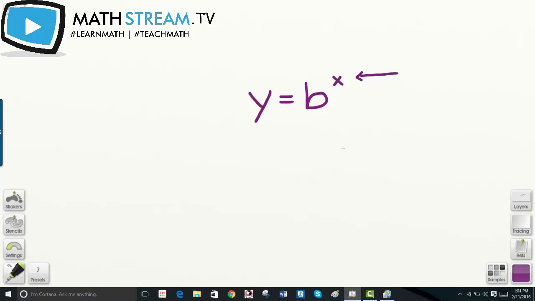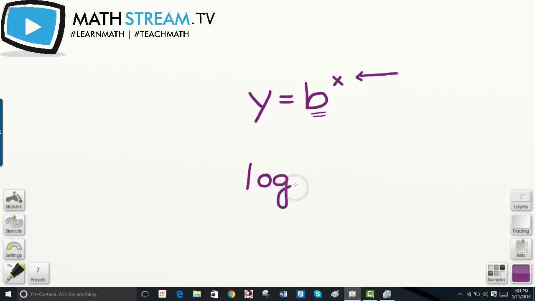So the reverse operation is what we call logarithms. And a logarithm says that I can rewrite any exponential equation in terms of a logarithm by saying log base b. So we call this the base when we have an exponent because it's the value that holds up the exponent.